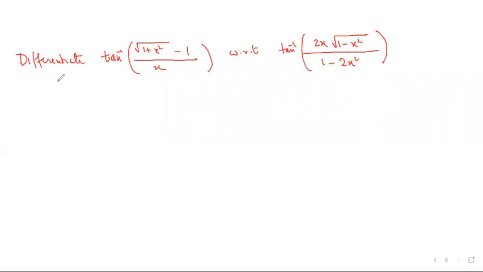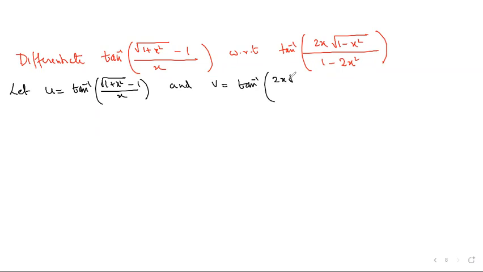So as usual, let u is equal to tan inverse of root 1 plus x square minus 1 upon x, and v is equal to tan inverse of 2x root 1 minus x square upon 1 minus 2x square.